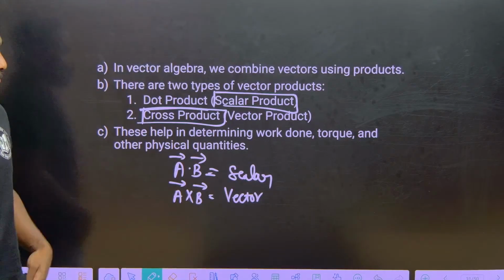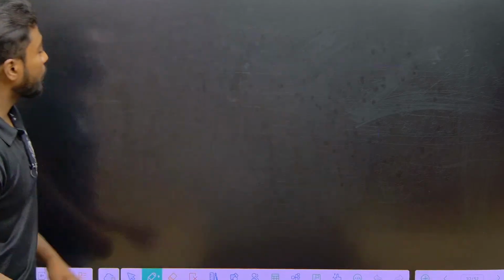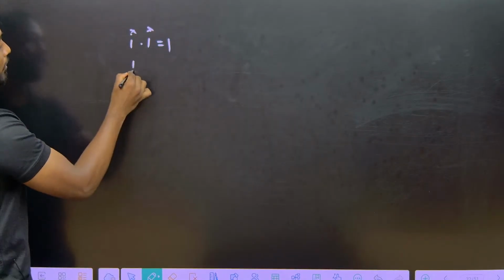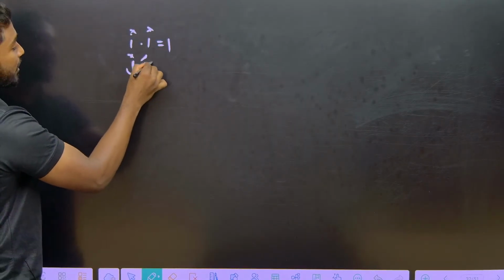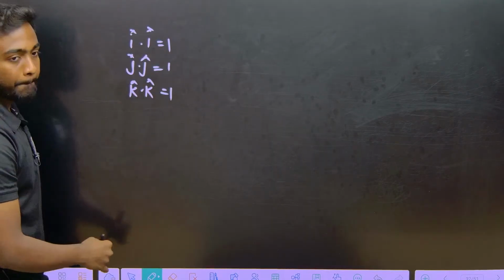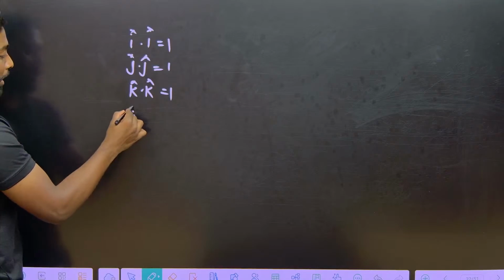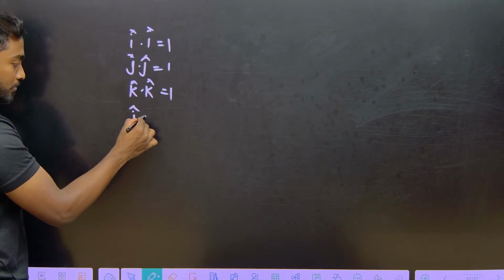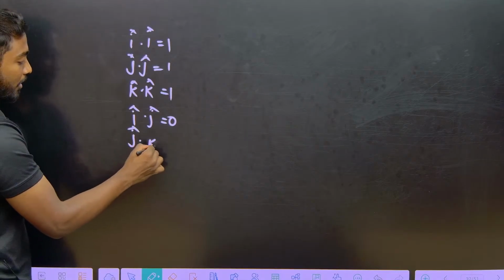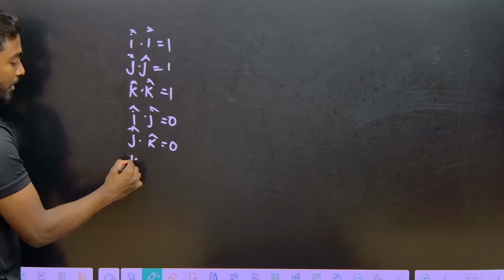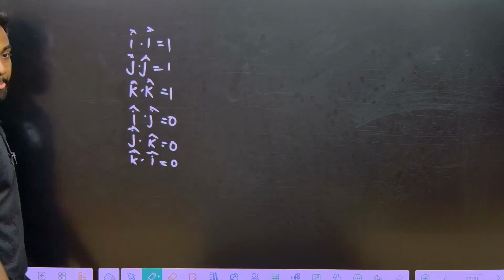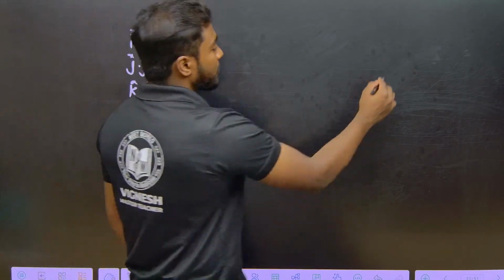Before going into the problems, you need to know this. i cap dot i cap equals 1, j cap dot j cap equals 1, k cap dot k cap equals 1. And i cap dot j cap equals 0, j cap dot k cap equals 0, k cap dot i cap equals 0.